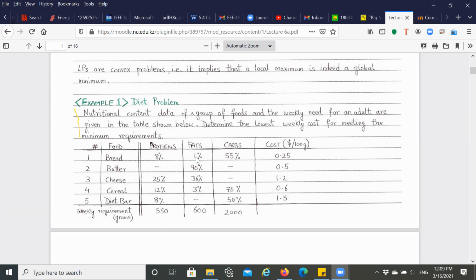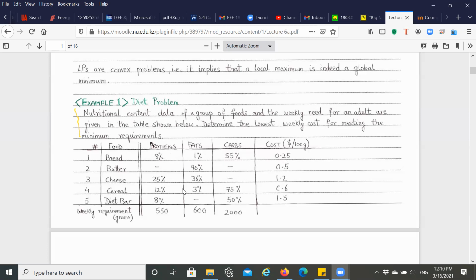And the amount of protein, fats, and carbs each of these items contain is also given to you in this table. And the cost of 100 grams of each of these items in terms of dollars is also given to you. For example, for every 100 grams of proteins, the cost would be 0.25 cent, okay?